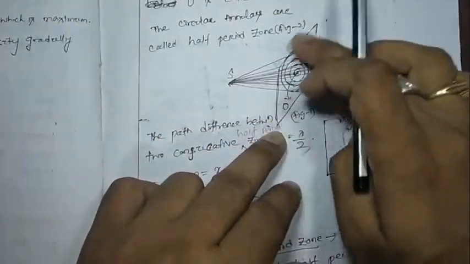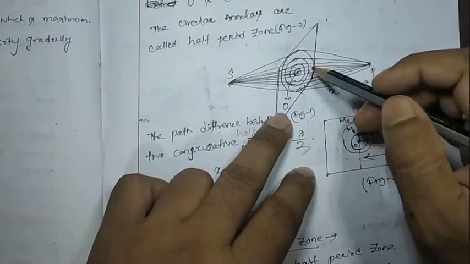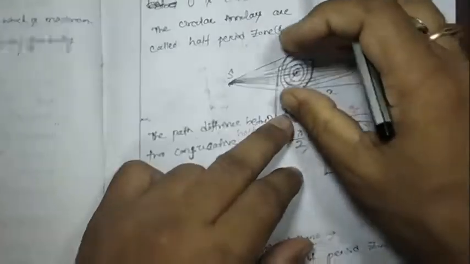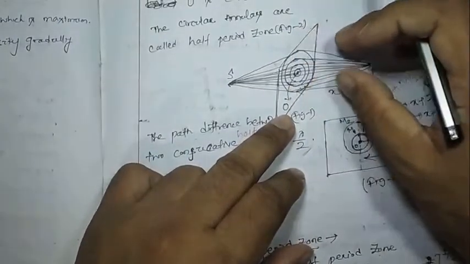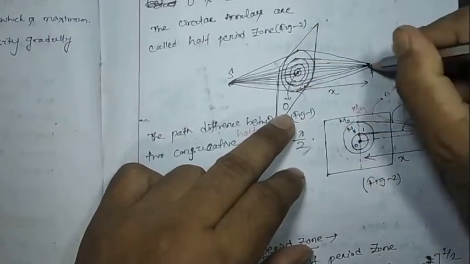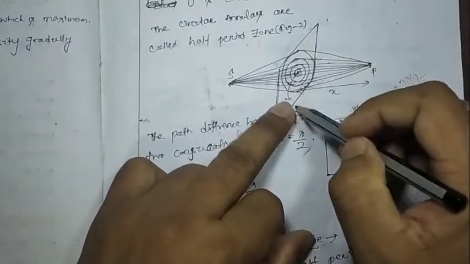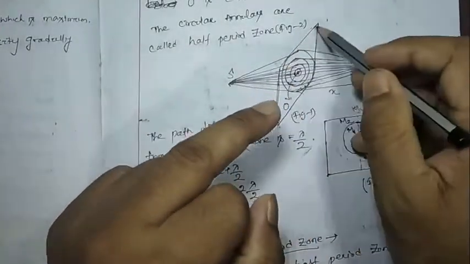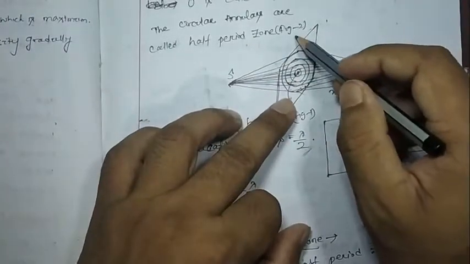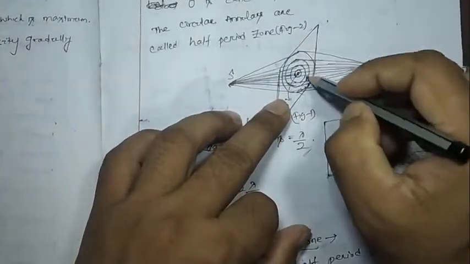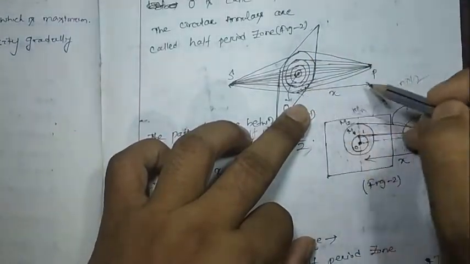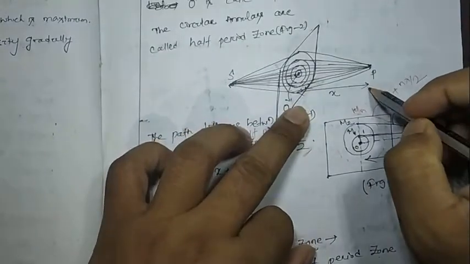So only for that, this half period zone will act as a convex lens, and this distance will be the so-called focal length, because the rays are focused at the point P. At this point we can imagine, instead of the wavefront or half period zones, we can place a convex lens, and the rays are focused at P. That means this x distance will be called the focal length of this lens.